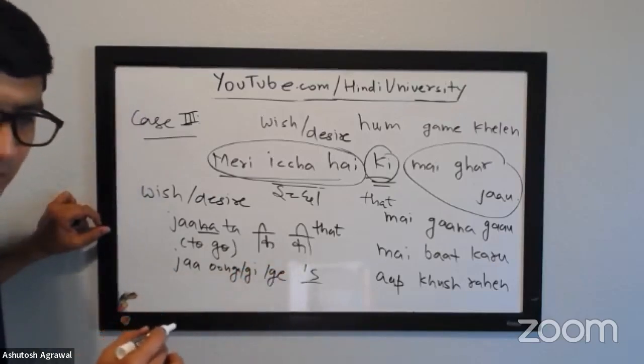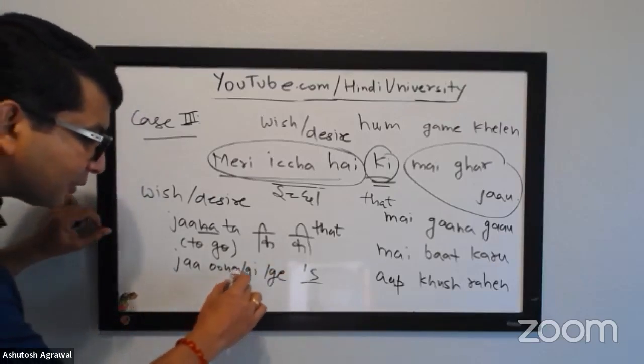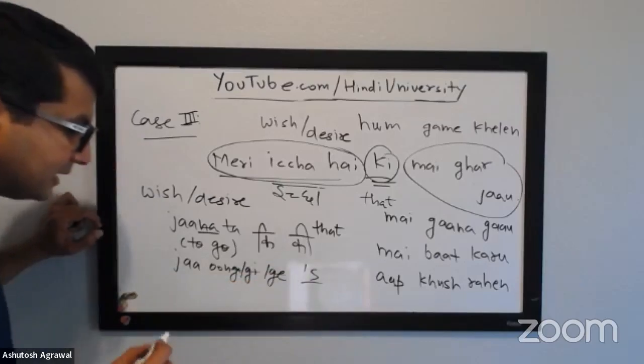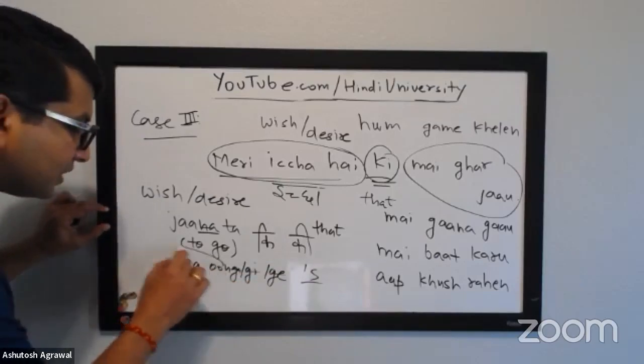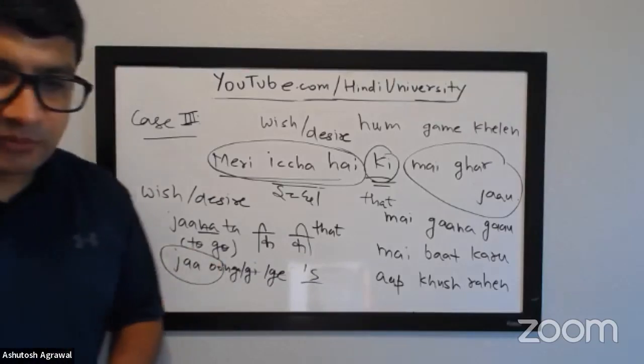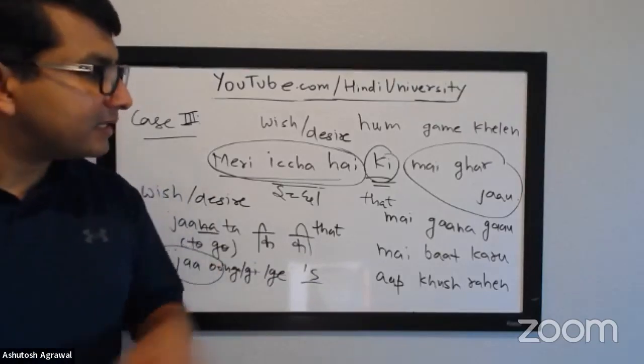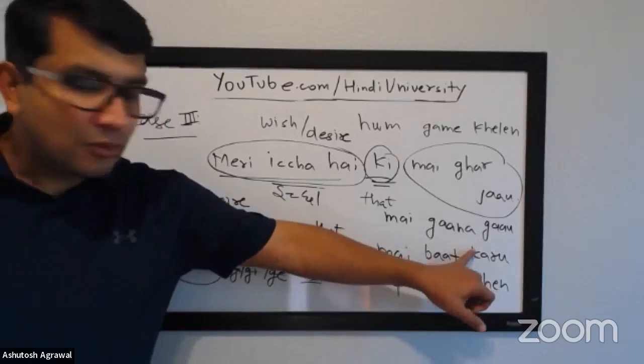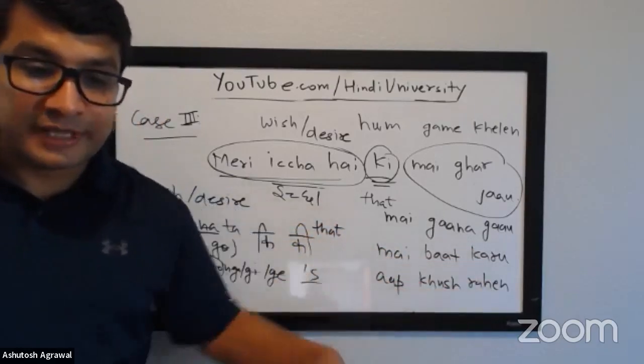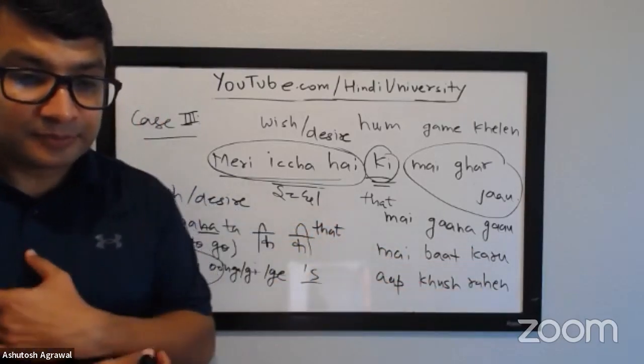Jaunga, jaungi, and jaunge. So you're removing the ga, ge, and gi at the end and just using the remaining part of the verb construct, and that's why it's jaun, खाऊं, बोलूं, करूं, देखूं, right?